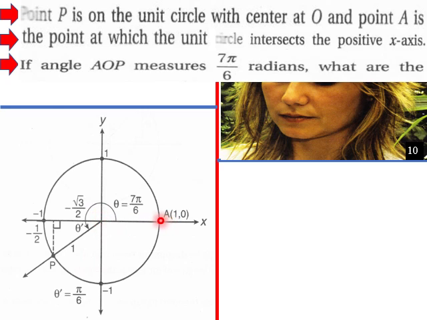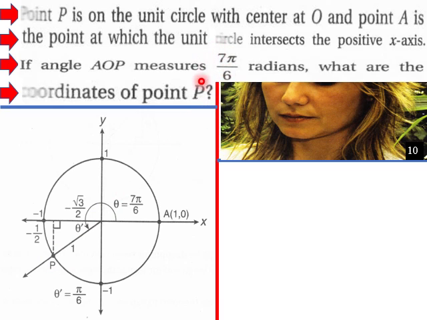Well, it's over here. So point A is the point at which the unit circle intersects the positive x-axis, and angle AOP, which is this angle here, is 7 pi over 6 radians, which is here. What are the coordinates of point P?